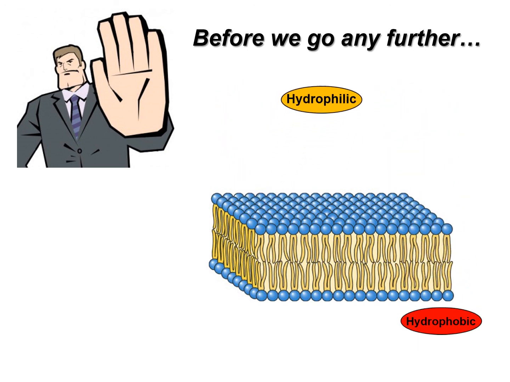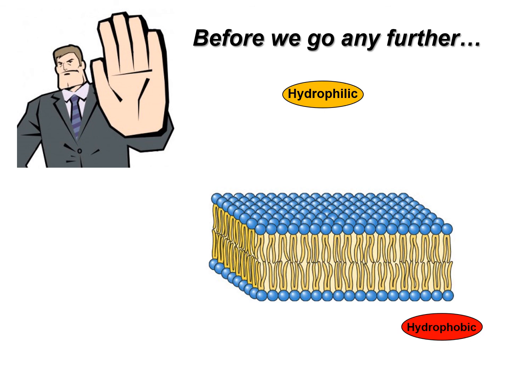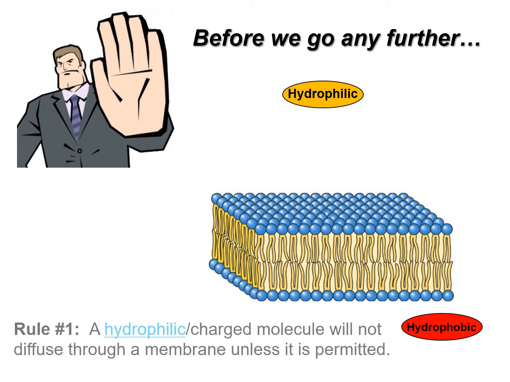So if we let those diffuse down their gradients, what we would see is that the hydrophilic gradient would never diminish, because hydrophilics or charged molecules like ions will not diffuse through a membrane unless it is allowed, permitted. Maybe we insert a protein or we change the characteristics of the membrane somehow to allow small ions to go through. But if it's hydrophobic, it will generally penetrate that lipid bilayer and move right through.